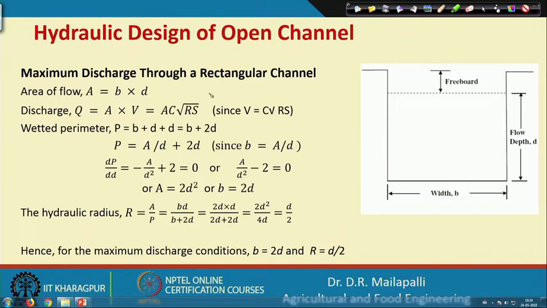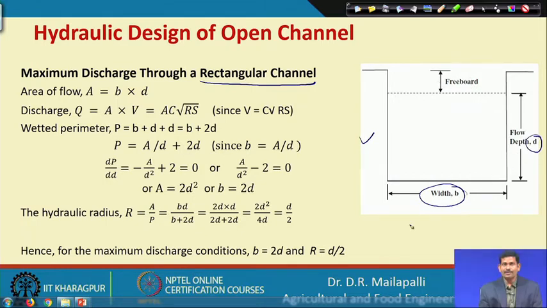For example, take a rectangular channel with width b and depth d, and of course there is a freeboard. Based on this, in what condition do you achieve the maximum discharge, so that we can determine the b and d values?